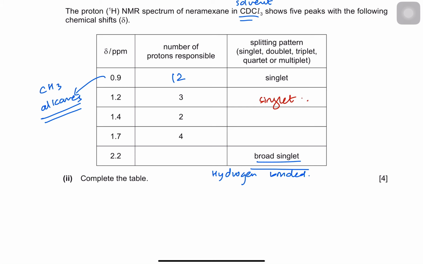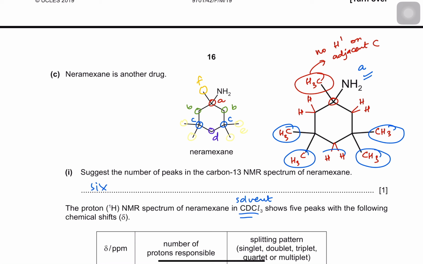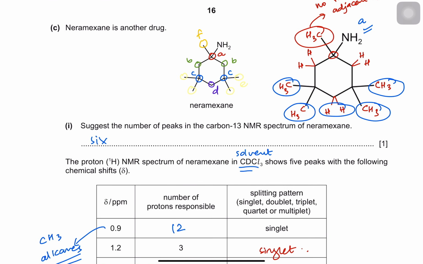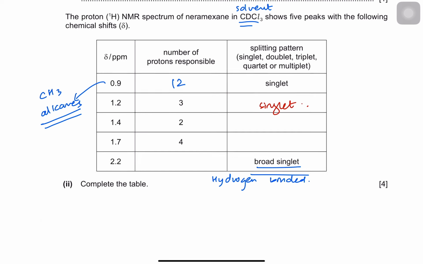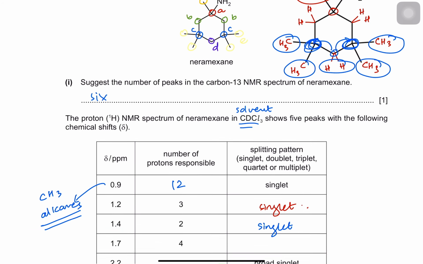And then we have 2 protons responsible. So when do we have 2 protons? These are the 2 protons, and these protons are attached to this carbon. The adjacent one has no proton on it, so that is again a singlet. Because you can see these carbons are adjacent and they have no protons.